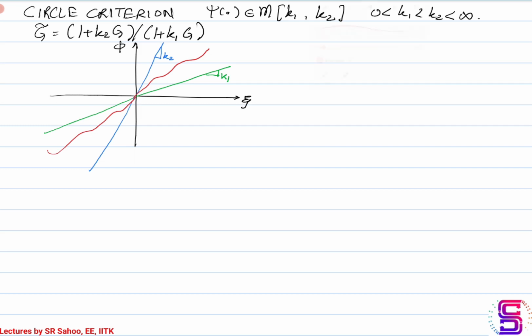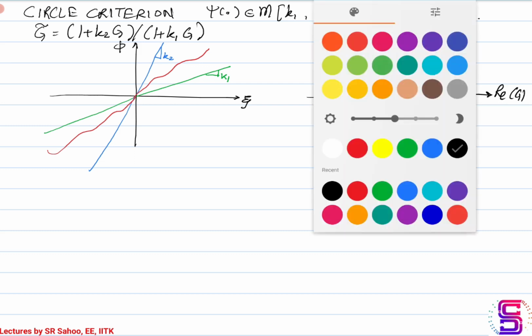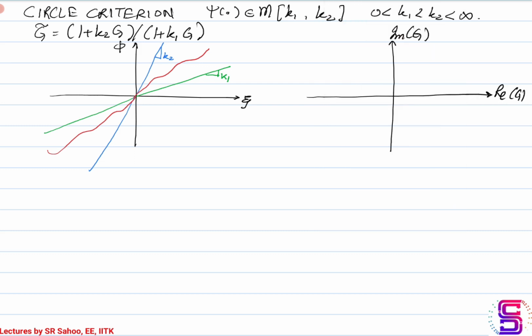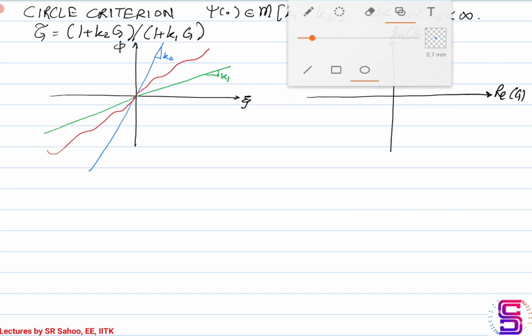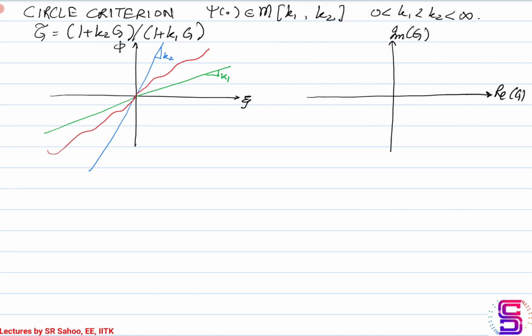For such a case, we saw that the forbidden zone was the circle and everything inside the circle that was basically at a diameter of -1 by k1 and -1 by k2.